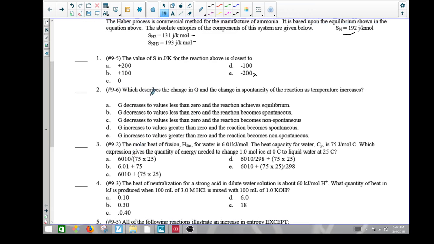Alright, next one. For this one, which change describes the change in G, the change in spontaneity of the reaction, as temperature increases? Again, you can always pause, try it, and see what you get. For this problem, I see lots of students solving it and getting the wrong answer, and most of them I suggest you write this out.